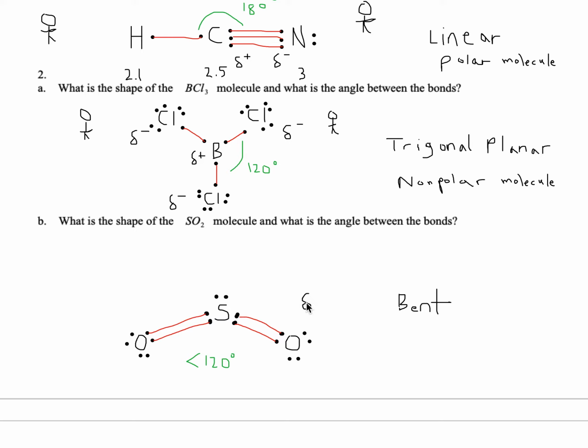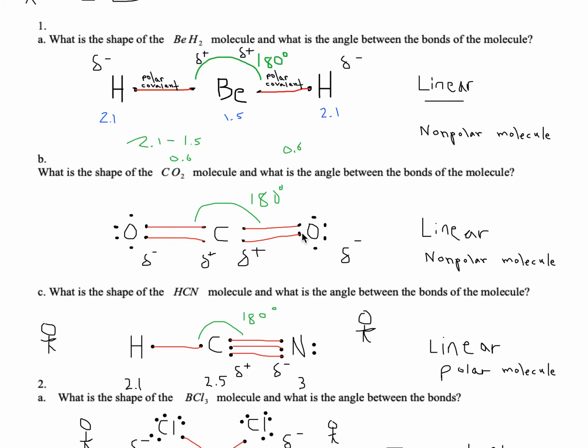So let's put a delta negative on the oxygens, and we'll put delta positive on the sulfur. And so this is a different kind of situation. This is a bent molecule rather than a linear one like we had above.